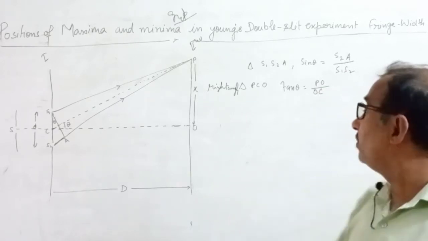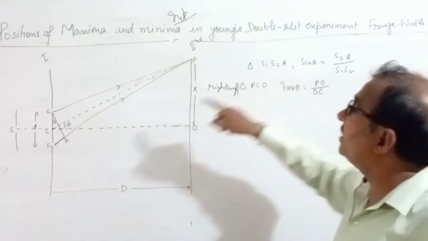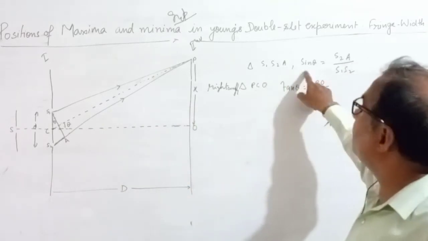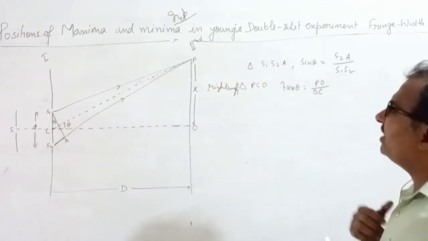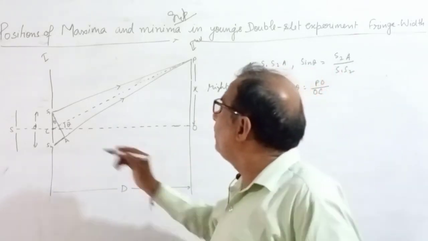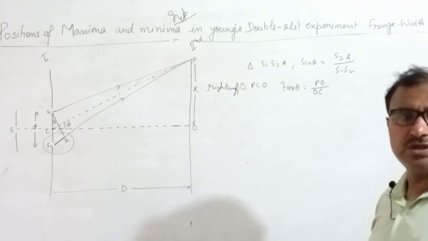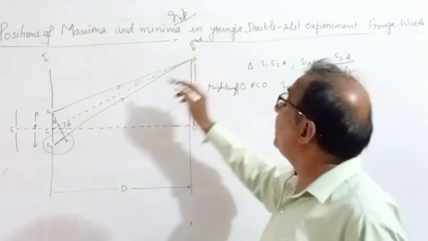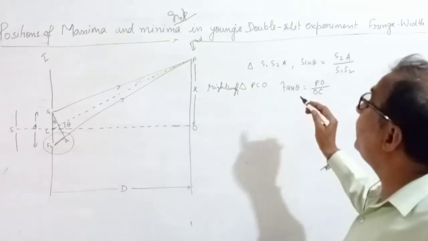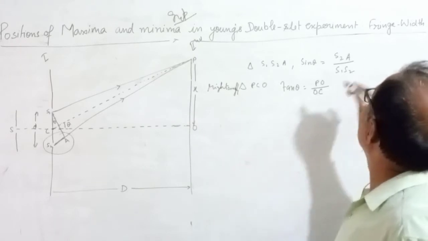When waves meet in opposite phase, we get dark point. That is destructive. So what we are going to discuss, in triangle S1, S2A, we take sin theta equal to perpendicular upon hypotenuse, because S2A we have to find out. This is path difference. And when we take triangle PCO, then tan theta equal to PO upon OC.